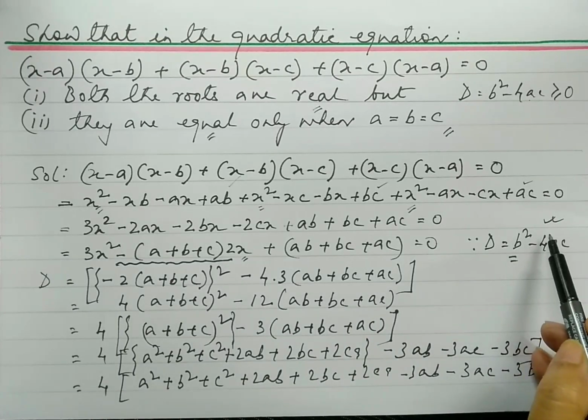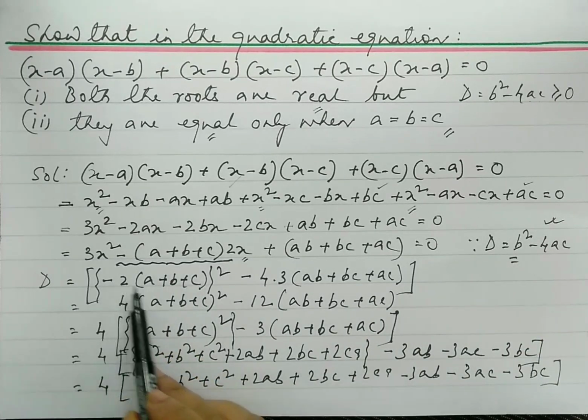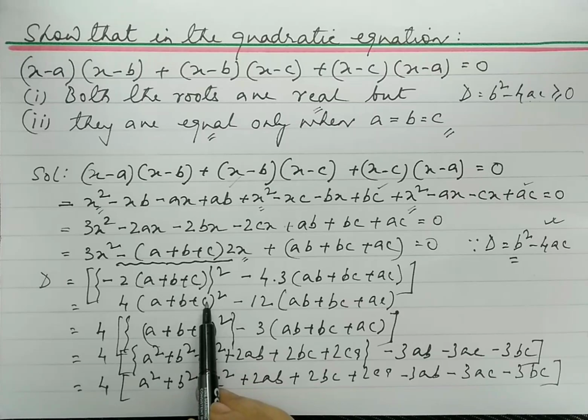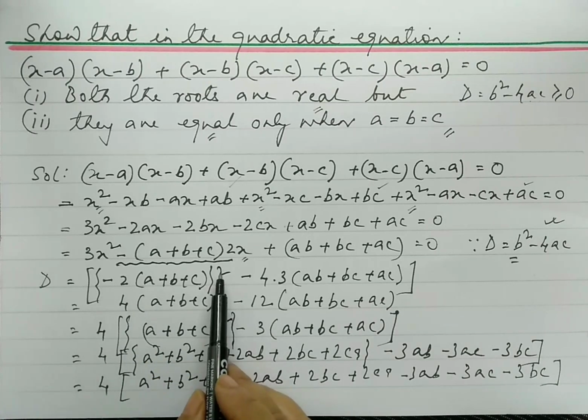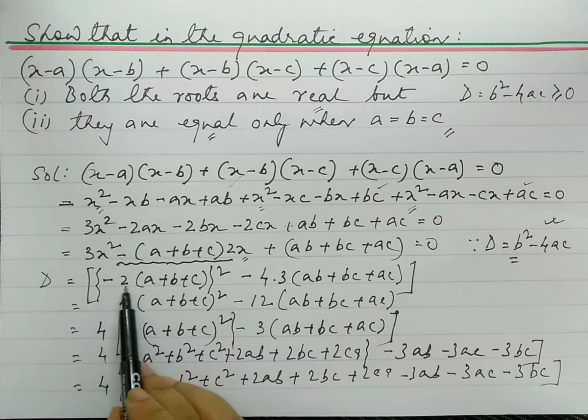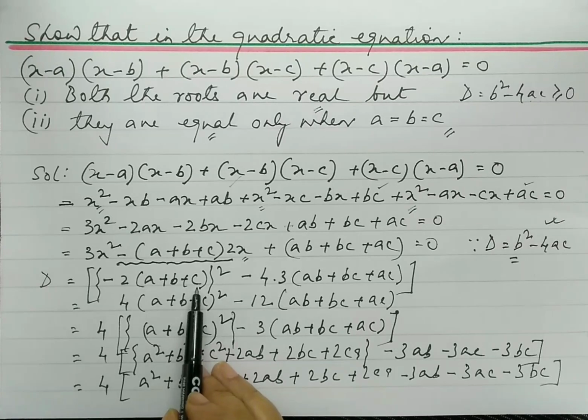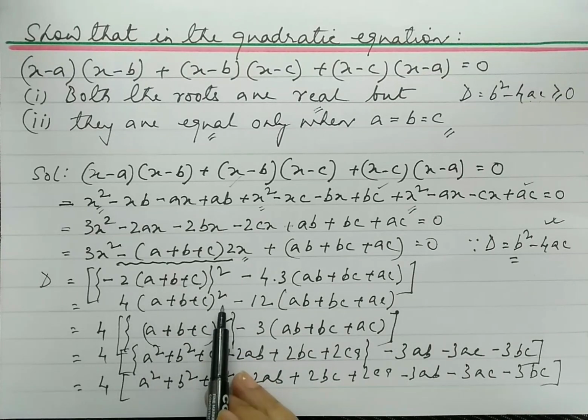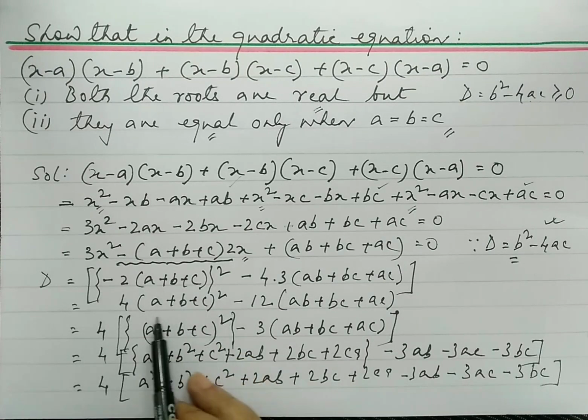When we square this, we get minus 2 into minus 2, which equals 4, and (A plus B plus C) squared is written simply as it was before.